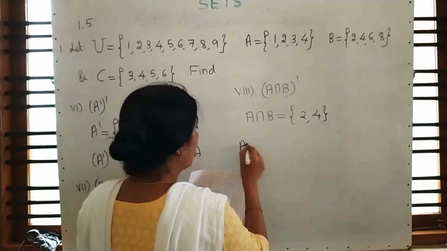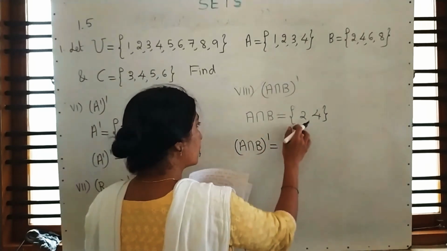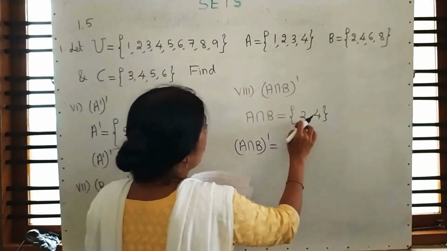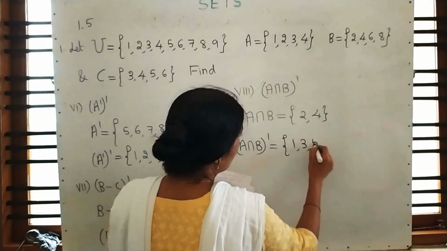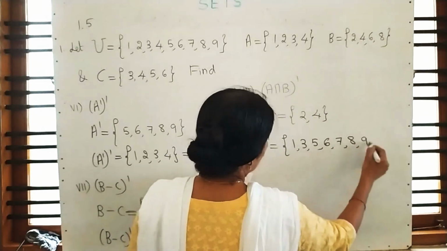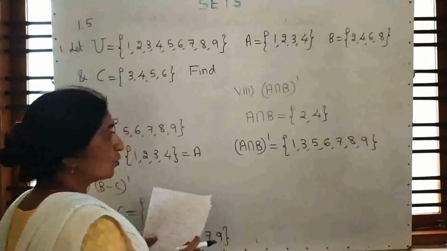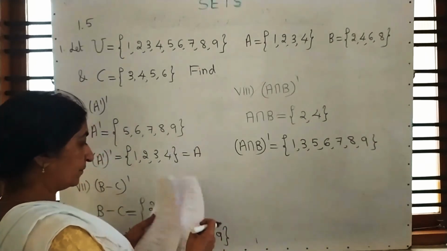Then in the complement what will we write? We are comparing this with the universal set and not writing 2 and 4. 1, 3, 5, 6, 7, 8, 9. Except 2 and 4 we are writing all the elements.